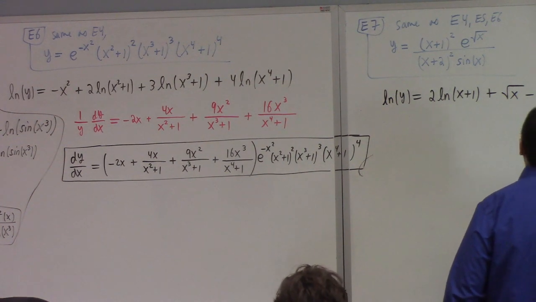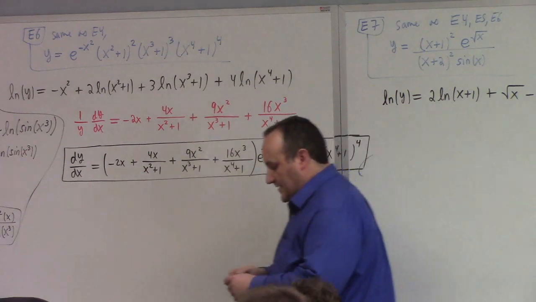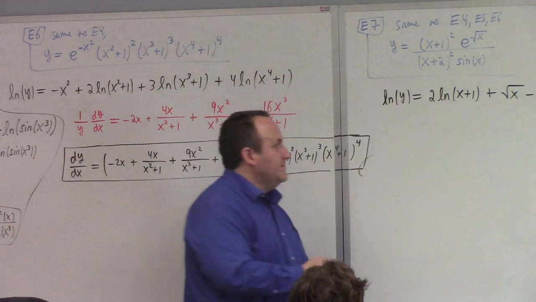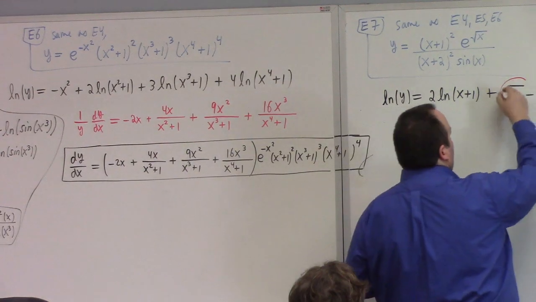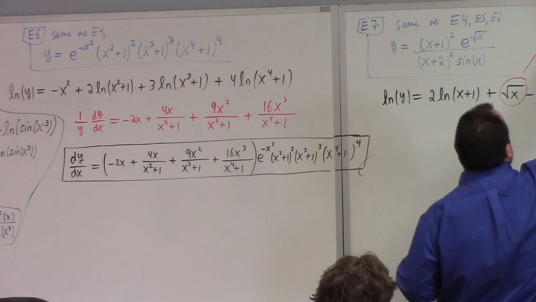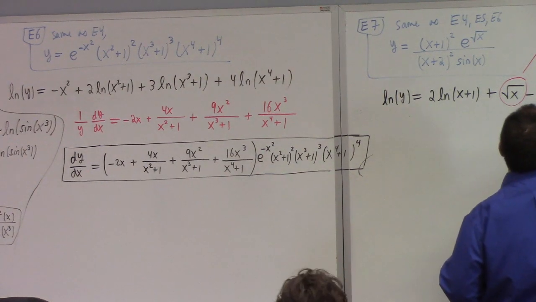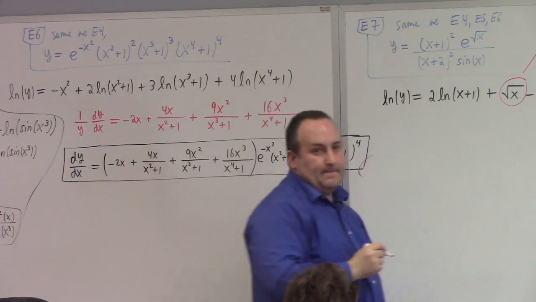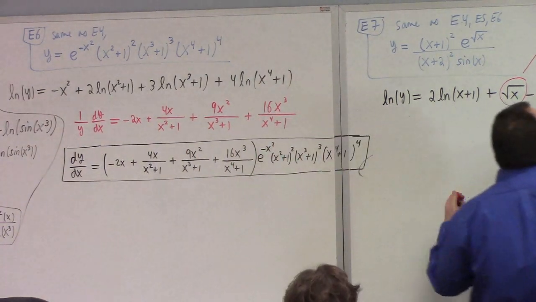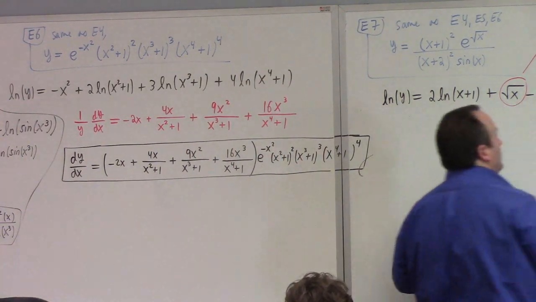Now, there's something I did there that I haven't really explained. Why is it just square root of x? We'd have natural log of e to the square root of x, right? It's just the square root of x. So there's that.